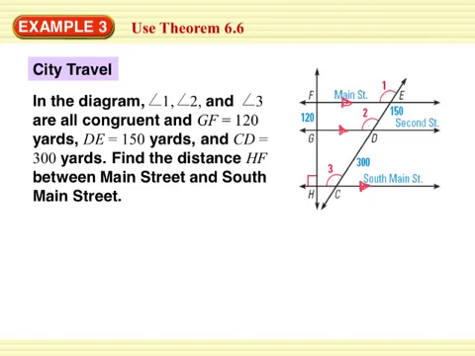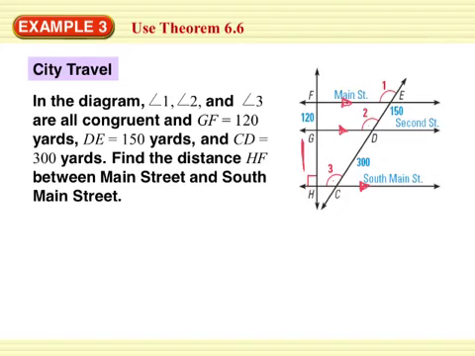Okay. GF is 120 yards, DE is 150 yards, and CD is 300 yards. Awesome. Find the distance HF between Main Street and South Main Street. So reminder, you have corresponding angles that are congruent, so those lines are parallel. So we can use that theorem 6.6.